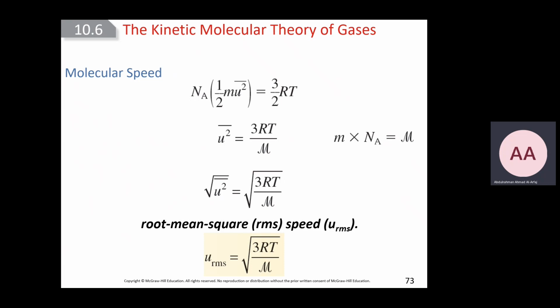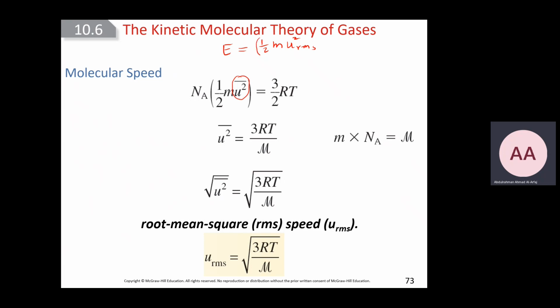Now, we know that energy is equal to half m u squared, which is RMS squared. We're going to call it RMS, root mean square.